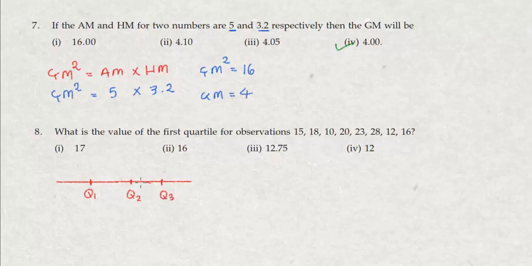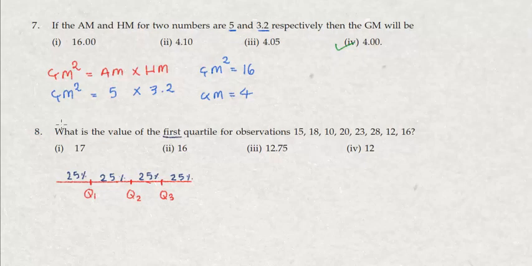Roughly you can see that this is 25% of the data, this is also 25% of the data, here again 25%, and here again 25%. So there are 3 quartiles, Q1, Q2 and Q3, and they divide the data into 4 equal parts. Here we are required to find the first quartile.